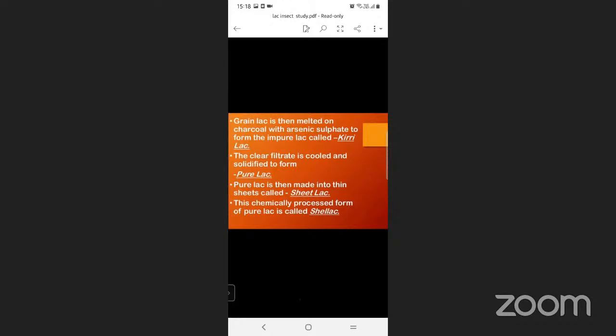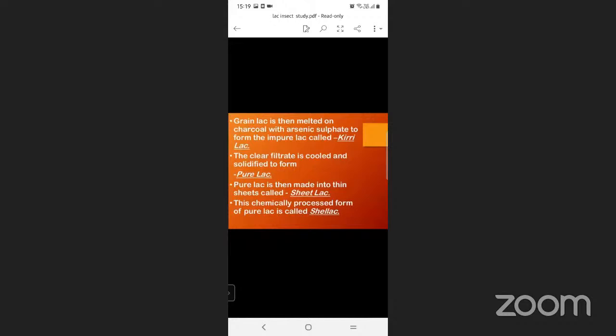Okay. The grain lac is then melted on charcoal with arsenic sulfate to form an impure lac called kiri lac. The production depends on the care taken by the farmer, on the species, and also on the host plant which has been selected. So there are different varieties of lac we are seeing.